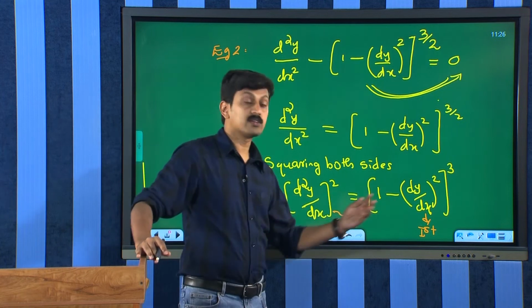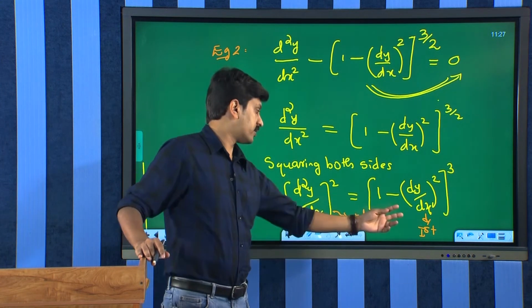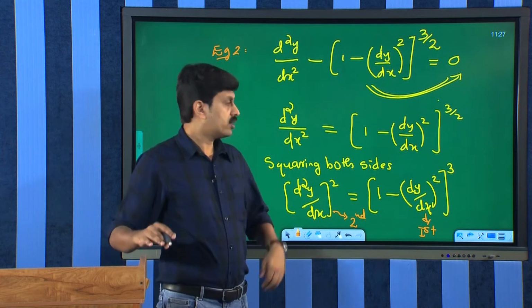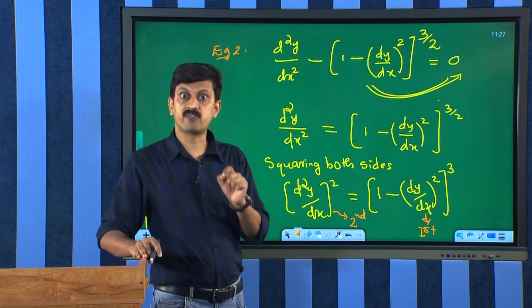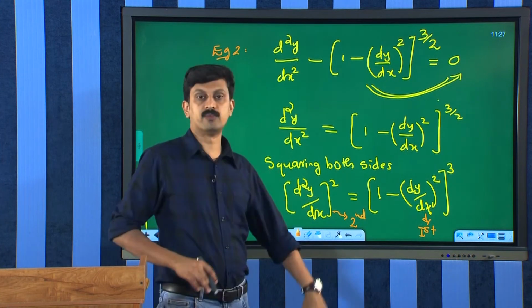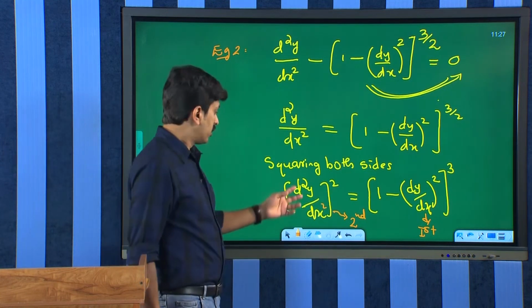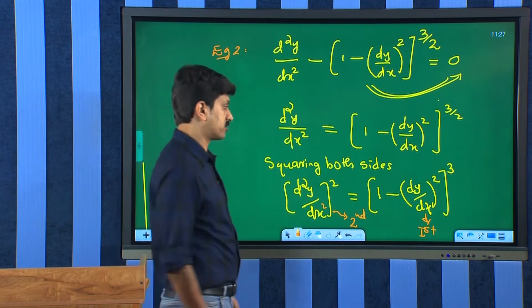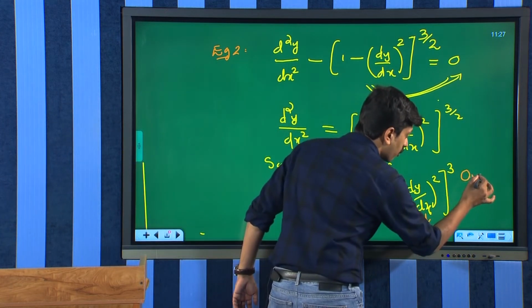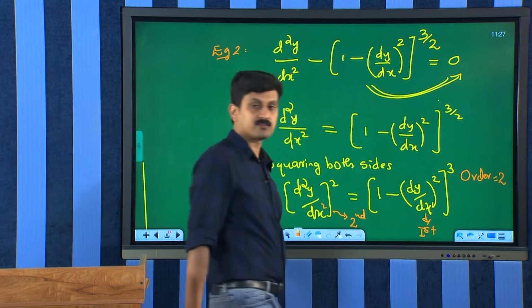The differential equation consists only of the first and second order derivatives. The highest order derivative involved in that differential equation is d square y by dx square. Therefore, we can say that the order of this differential equation is 2.